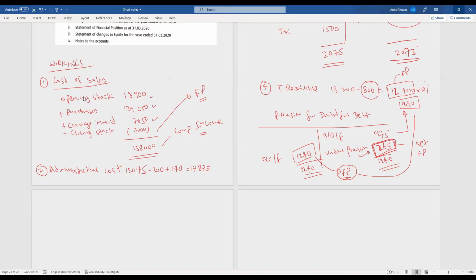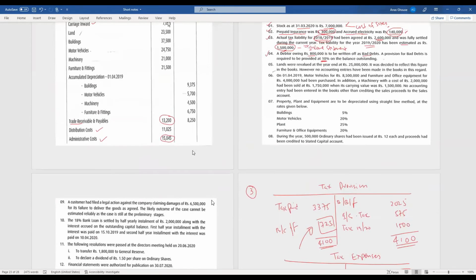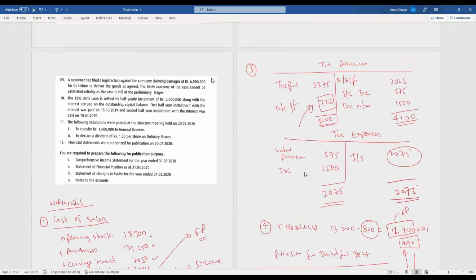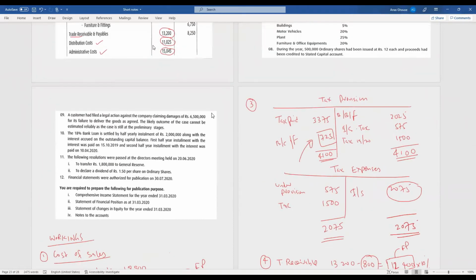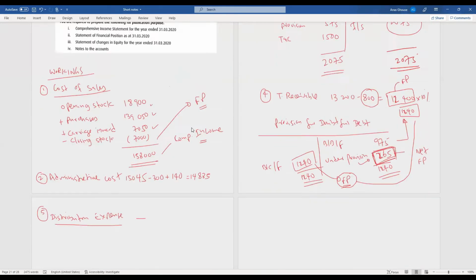Okay, so let's move on to the income statement. These will be required to be recorded under distribution expenses. So you have distribution expenses of 11,025,000. So when you take the distribution expenses, let's say note number 5, you have the total balance of 11,025,000.